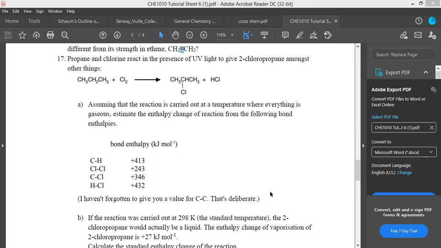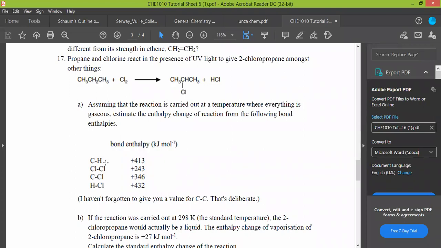how many CH bonds do you have? For you to know how many CH bonds you have, look at the top part here, this CH bond. Let me do this here so that you can see properly. So you have CCl plus. When it comes to the HC bond, you just count the number of hydrogen atoms you have.